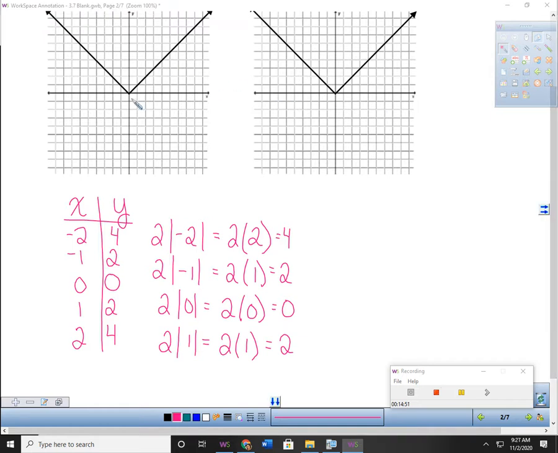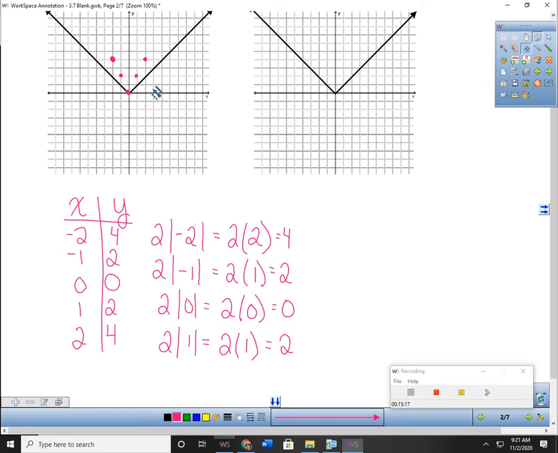So negative 2, 4. Negative 1, 2. And then your 0, 0. 1, 2, and then 2, 4. It just made it a little skinnier, right?